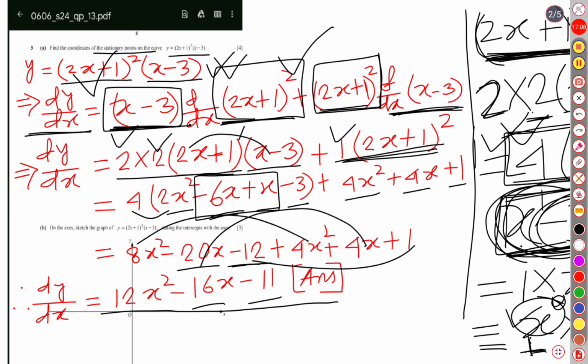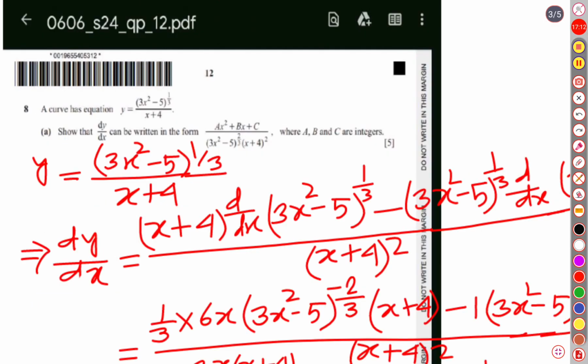Let's see what the next question we are going to solve. I have chosen the next question from paper 0606, question paper 12, question number 8.